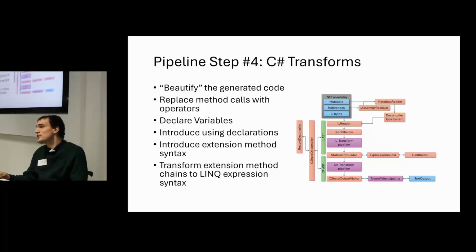What's currently not implemented is that we don't transform extension members back to their nice syntax. But when we're going to add that, it will most probably be implemented as a C# transform.